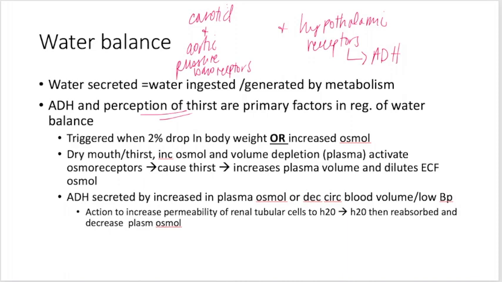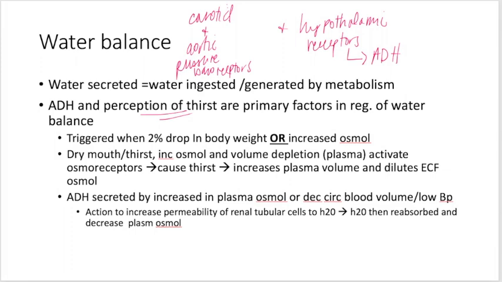Dry mouth, thirst, increased osmolarity, and volume depletion activate the osmoreceptors. They then cause thirst. Your body tries to compensate by increasing plasma volume through that extra drinking, which dilutes the ECF osmolarity. In addition to that thirst, ADH is stimulated and released.